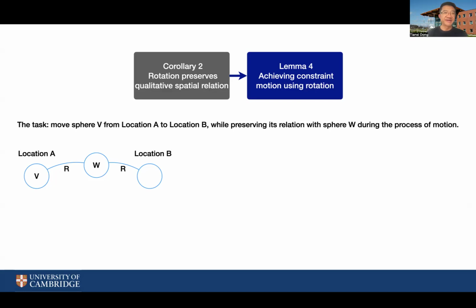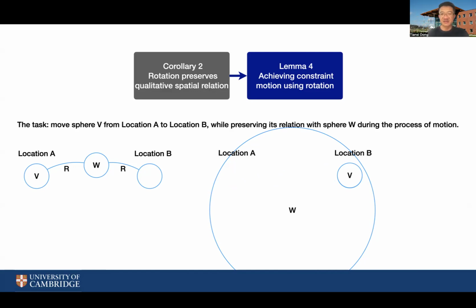For example, if we have two spheres, V and W, and we want to relocate V from location A to location B while keeping its relation to W. If V must be inside W, then obviously we can directly move it by gradual descent, because the set of possible central points while keeping its part-of relation is convex.